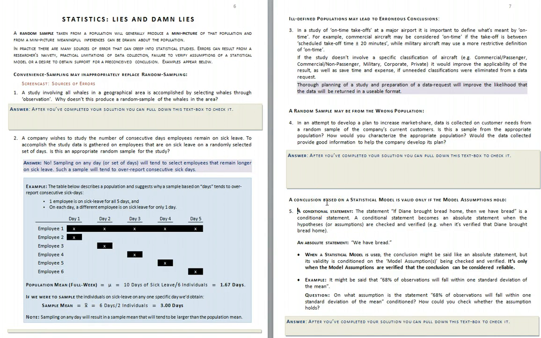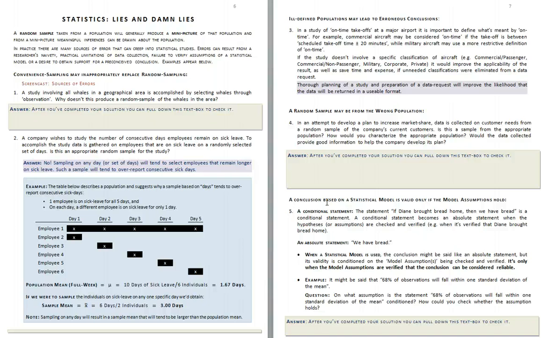The only other example we'll discuss in this screencast is example 5. The punchline of example 5 is that statistical models are based on assumptions that need to be verified before accepting the conclusions derived from the model. Said another way, statistical models involve conditional statements.